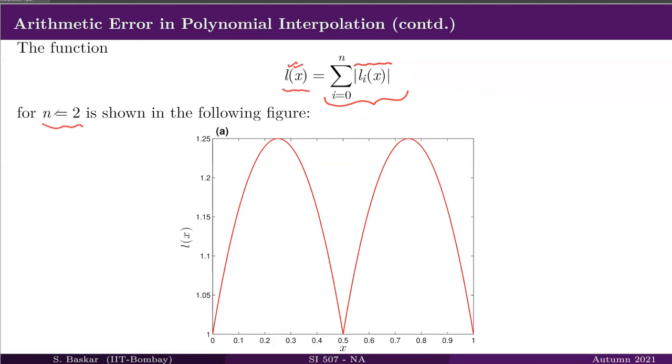Let us start with n equal to 2. The graph of the function L is given like this. You just keep watching the maximum that is attained by this function L of x, right? The maximum for n equal to 2 is nearby 1.25, right?